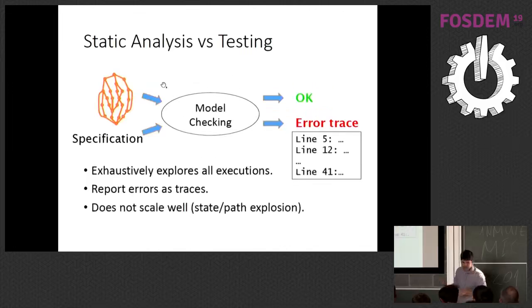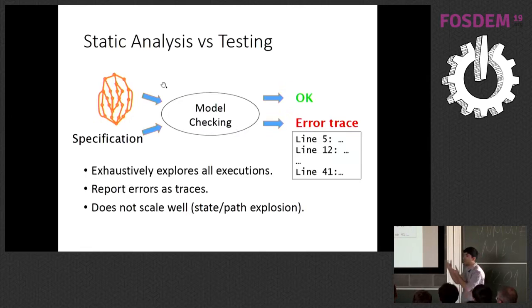On the other hand, when we are talking about static analysis, we have a specification, for instance in LTL, and we check the whole state space of the program. Model checking is one kind of static analysis.